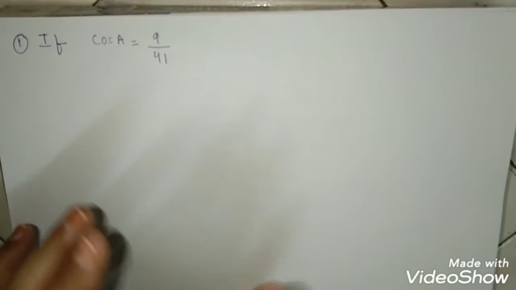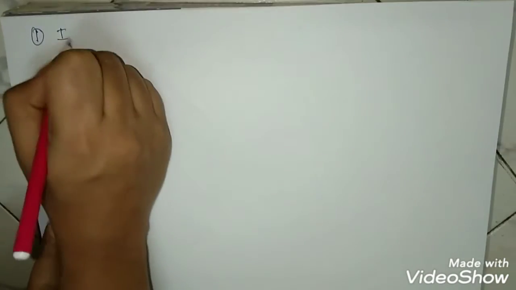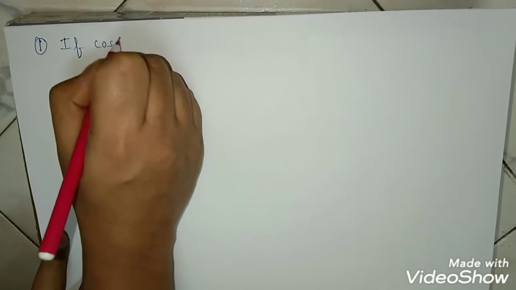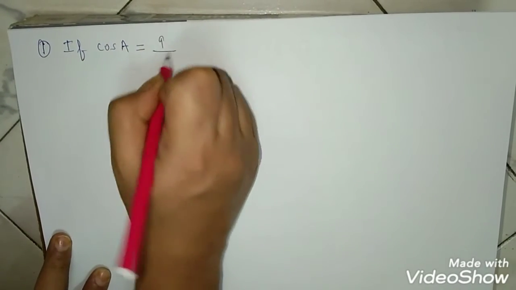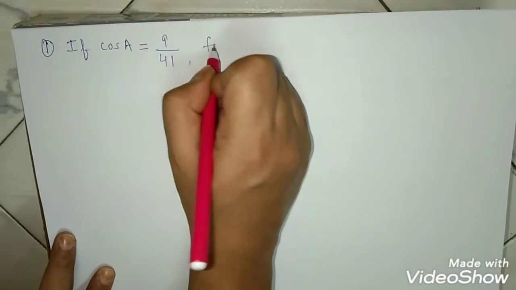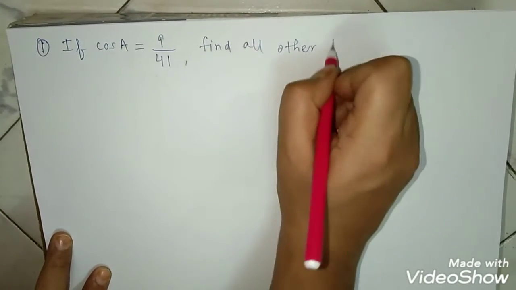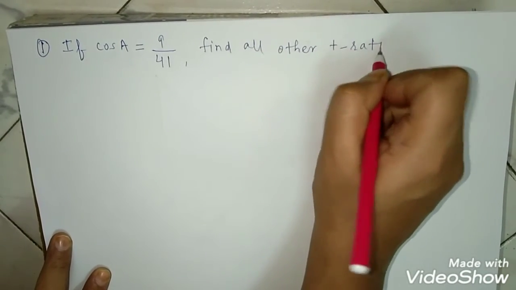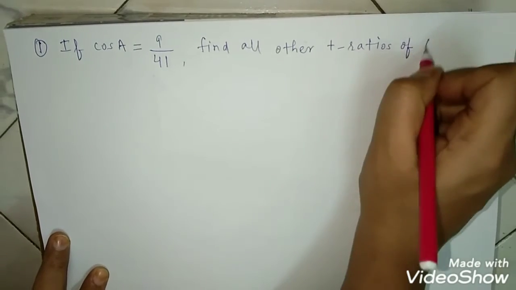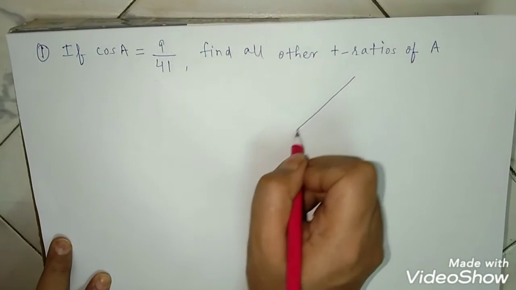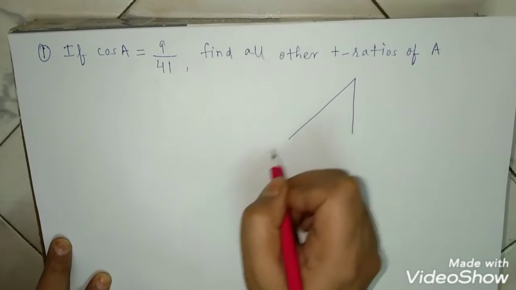If you understand the concept, the question is: if cos A is equal to 9 by 41, find all other T ratios of A. So for a triangle, it should be a right angle.